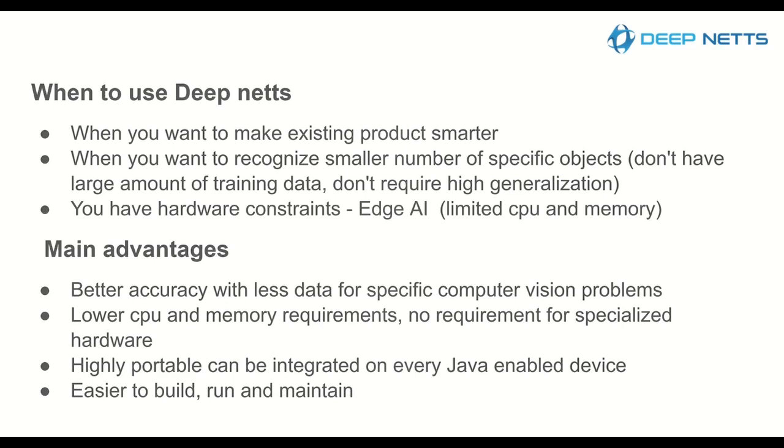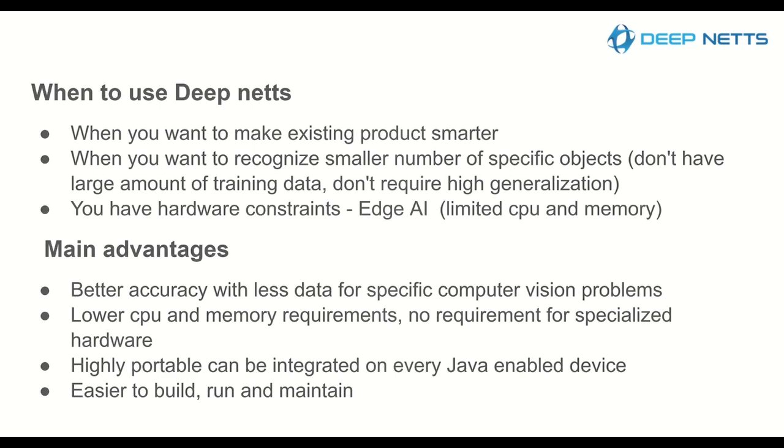One of the questions we very often get is when to use DeepNetts, when there are very advanced deep learning frameworks like TensorFlow, Deeplearning4j and so on, which support GPUs and distributed training. But DeepNetts is pure Java and it supports most commonly used deep learning algorithms. So it is very simple and easy to integrate within existing products. It is highly portable.